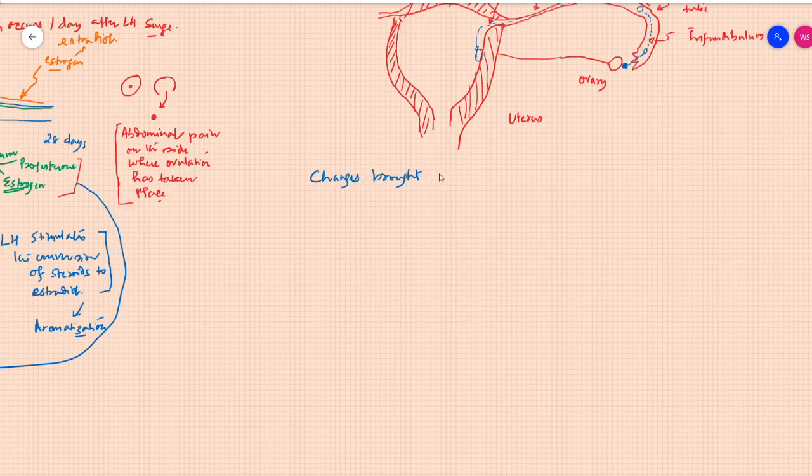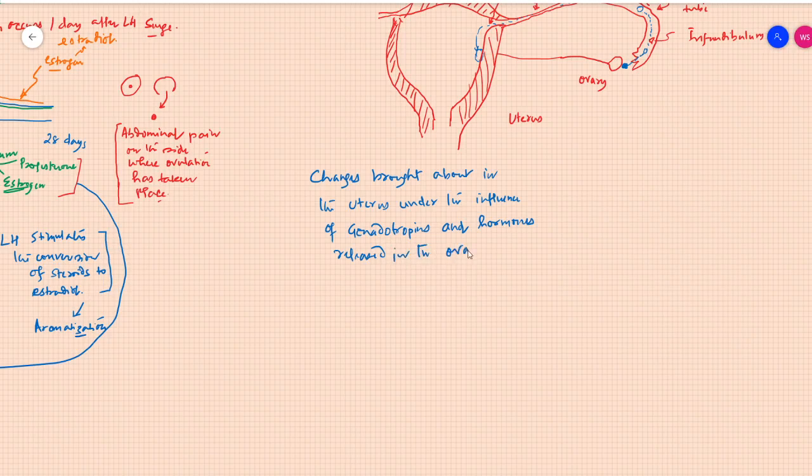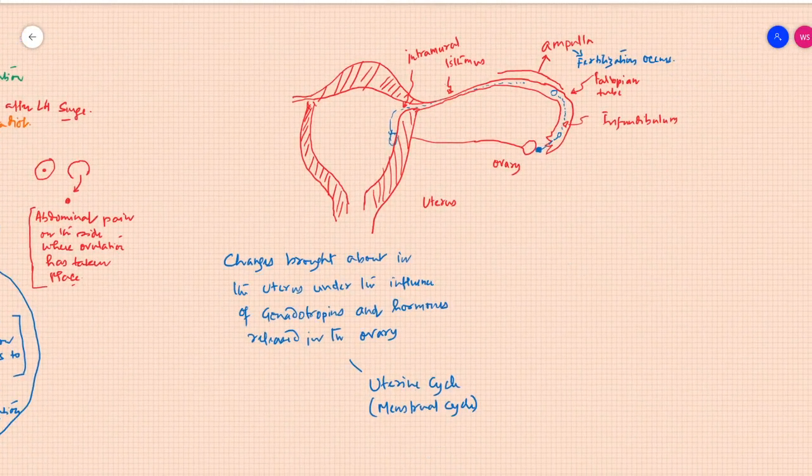The cyclical changes brought about in the uterus under the influence of the gonadotropins and hormones released in the ovary are called the uterine cycle. It's also called the menstrual cycle.